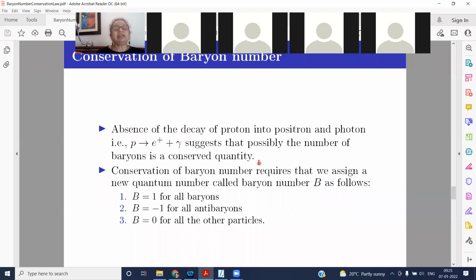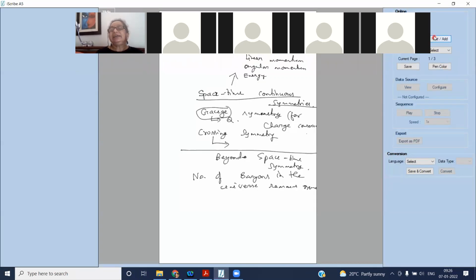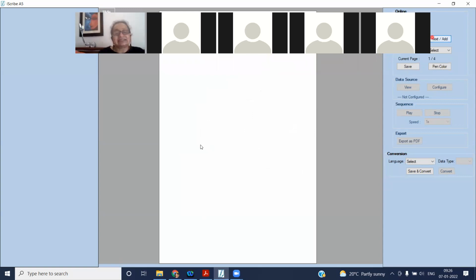So I formulate my law of conservation of baryon number in the following way. Conservation of baryon number requires that we assign a new quantum number called baryon number B as follows. Why did quantum number come into the picture? Recall that earlier we had charge. Charge is a quantum number for me.